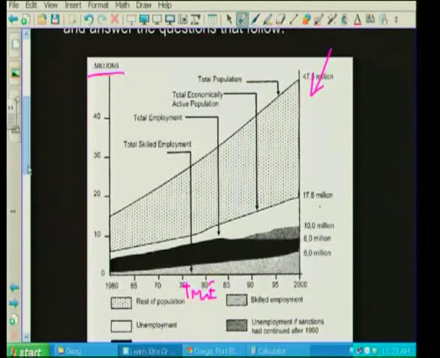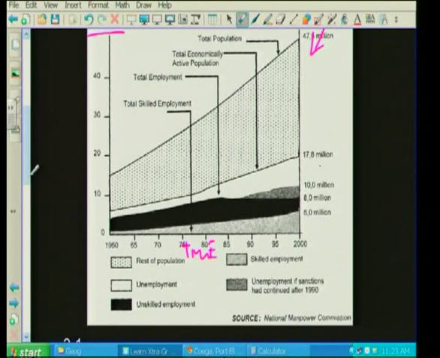Now, if you look very carefully at your graph here, you've got a whole lot of different color-coded or shaded areas, right? The dotted area talks about the rest of the population. The white area in the middle over here that I'm highlighting with my pink line, that whole area from top to bottom shows us how many people are unemployed over the time frames.